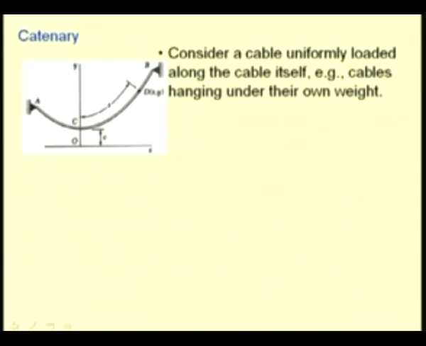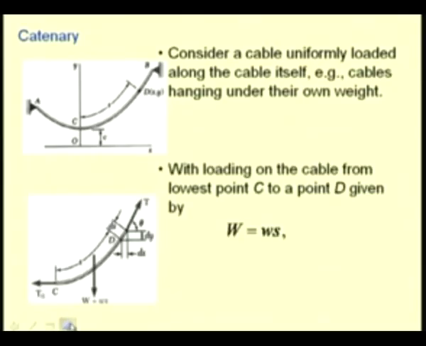So, at any point D, which is having a coordinate x comma y, has a coordinate along the length of the cable as S. Let us also assume that the lowest point along the cable, that is C, has a vertical coordinate of, let us say, small c. Let us draw the free body diagram of a portion, that is CD.